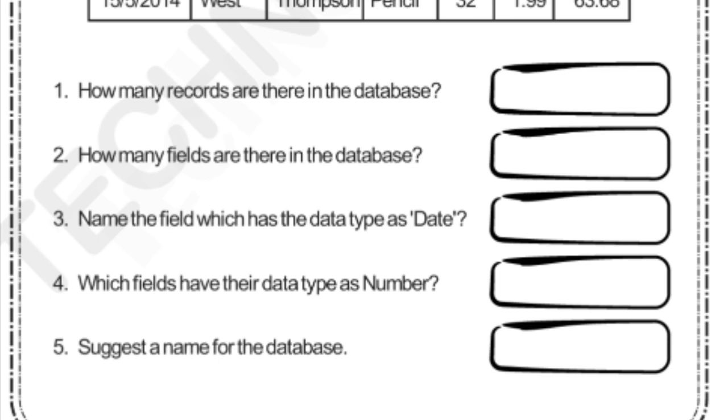Last one: suggest a name for the database. When you create a table in MS Access, you have to give the table a name related to that data. So here we have a salesperson's report. You can give the table a name like salesman report, sales report, or representative data. You have to select a name related to that data.